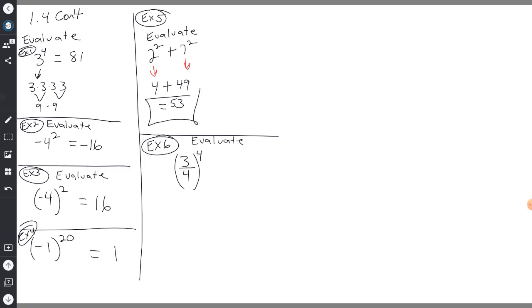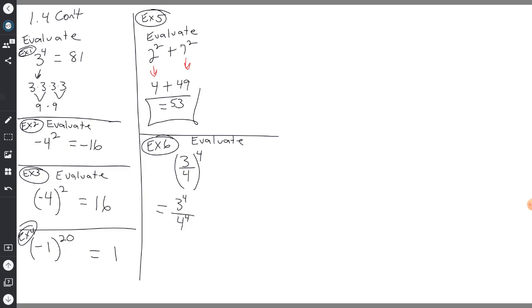So we have a fraction that's being raised to a power. The way that we work with this type of problem, whenever we have a fraction that's being raised to a power, that power will apply to both the numerator and the denominator.